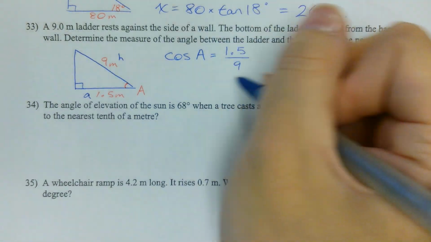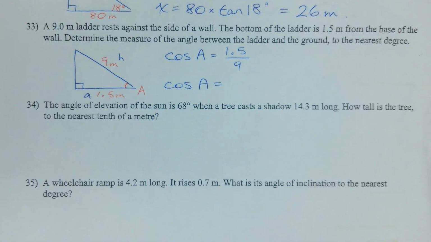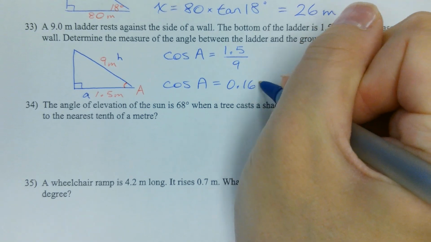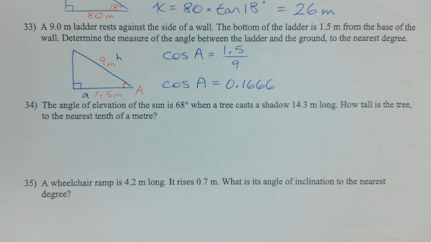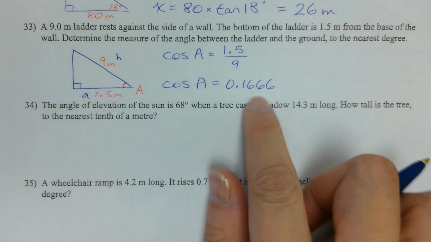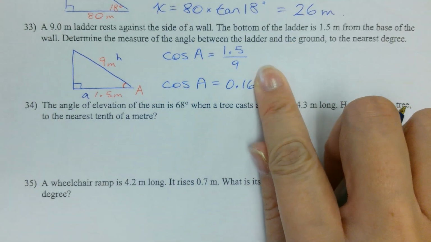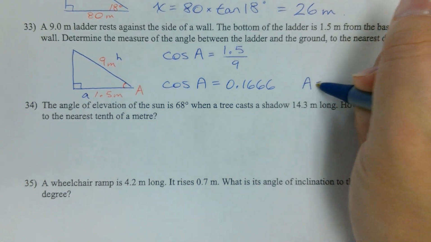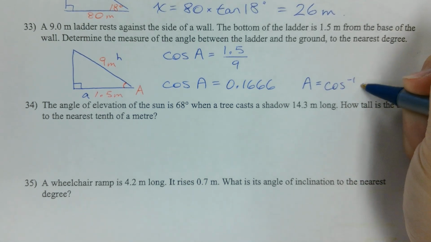Okay. So 1.5 divided by 9 is 0.166666. Don't forget to take 4 decimal places when you do the ratio, because otherwise you'll get rounding error if you just do 0.17 or 0.2. So whenever we want to find the angle, we have to do the inverse.